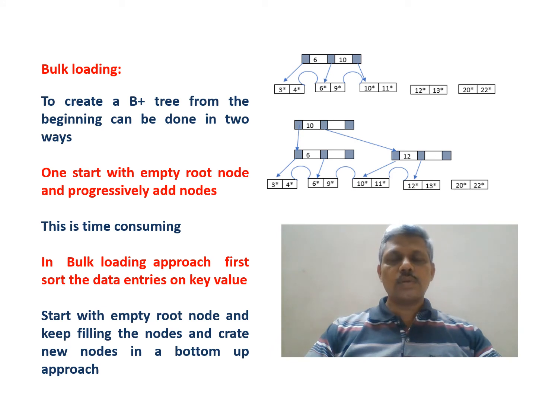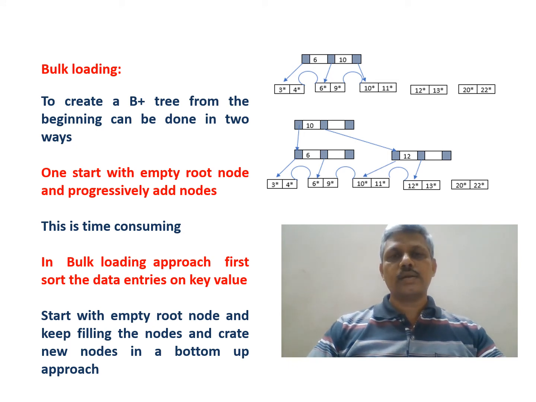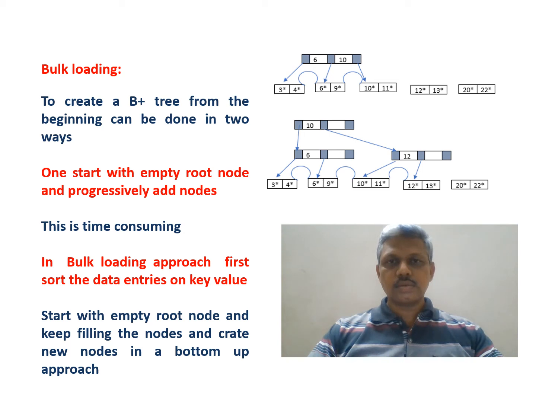And one more, easier option, is the bulk loading option. It is called bulk loading, where the data is first sorted according to key values, and then written to the pages. Starting from the first page, based on the key value, a node can be started with that key value.